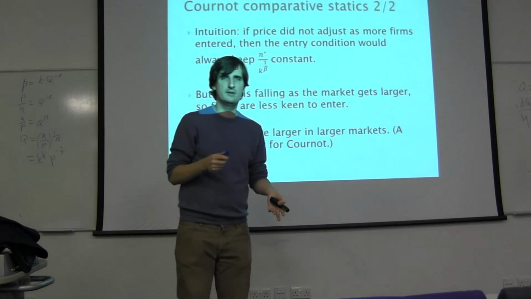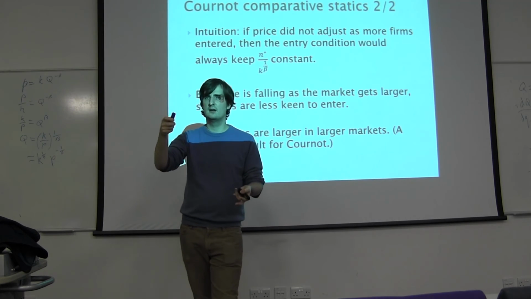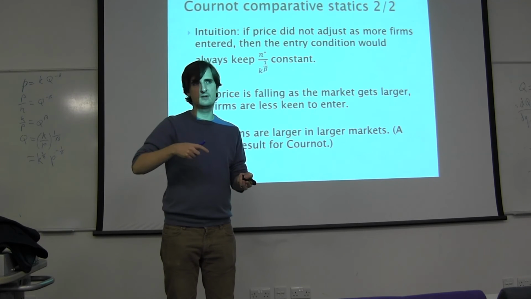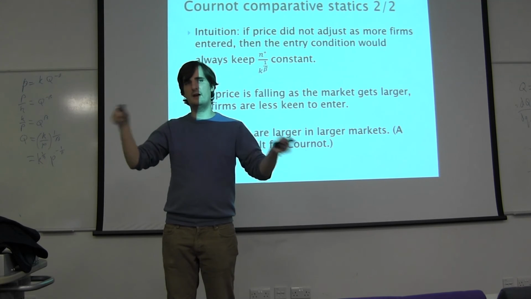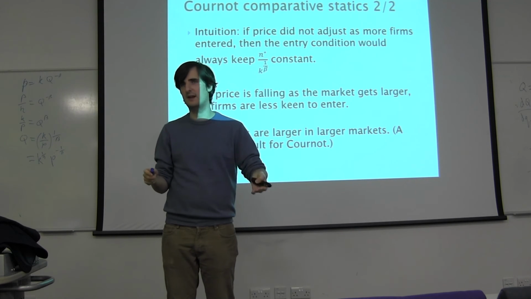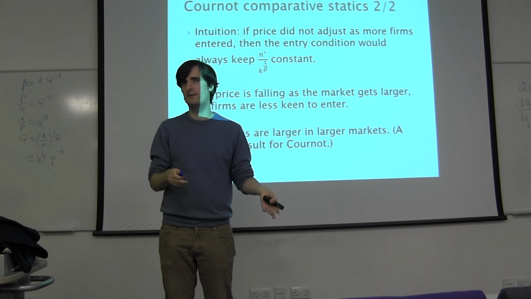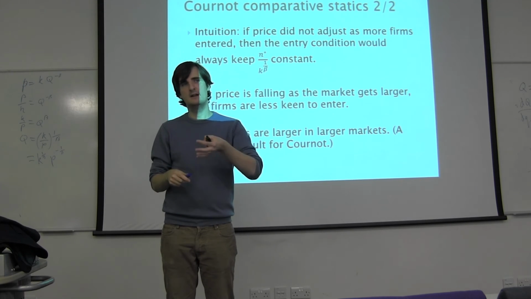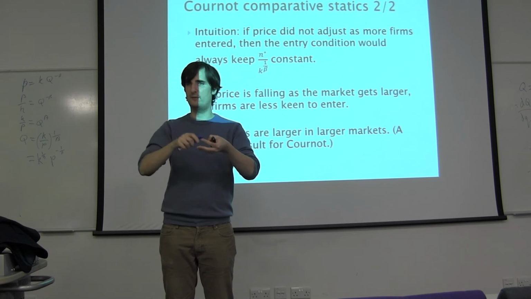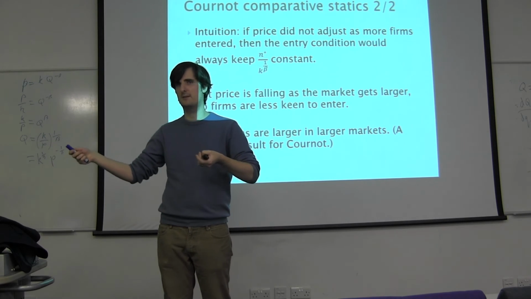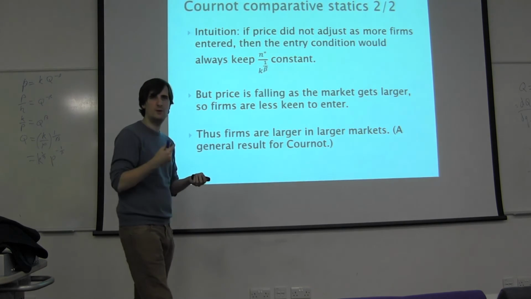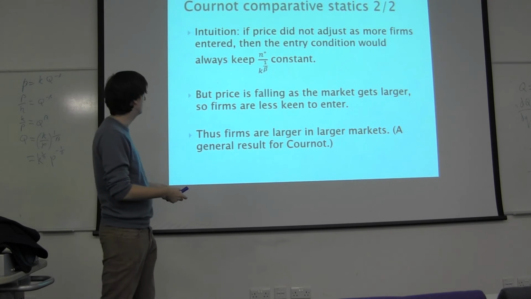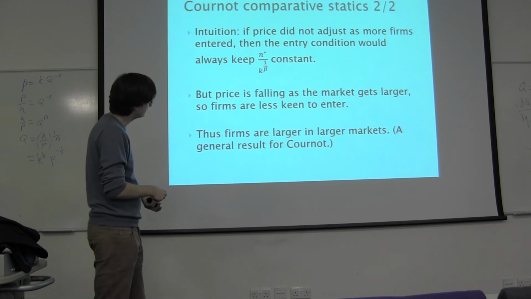But in fact what happens is when another firm enters, that increases competition, it reduces markups, it has an effect on all of the other firms. Every firm ends up selling at a lower price after another firm enters. So each entering firm is not internalizing its effects on the other firms in the market. So firms are exerting an externality, if you like, on the other firms in the market.